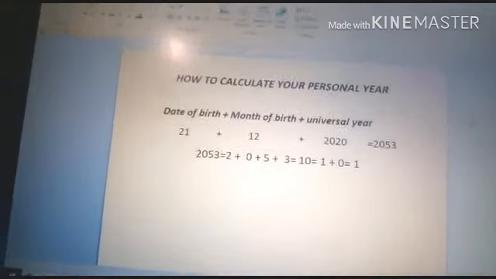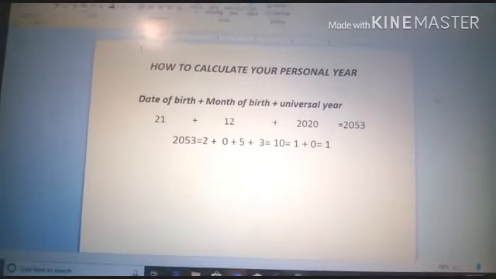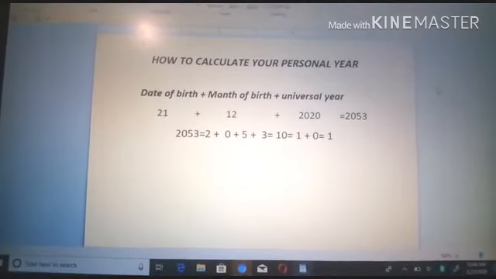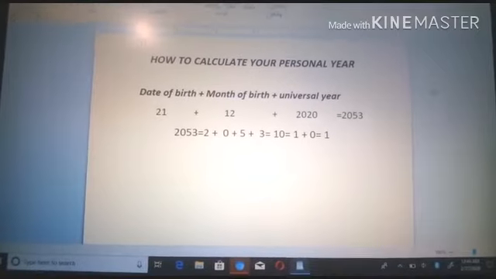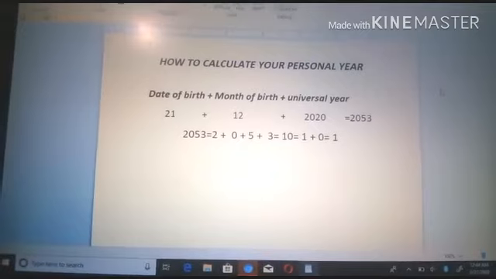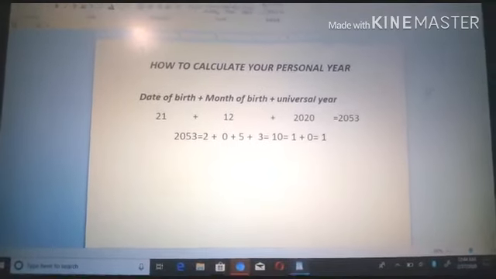So here is how to calculate your personal year. As I said earlier, you do the addition of your date of birth plus your month of birth plus the universal year. The universal year of this year is 2020.